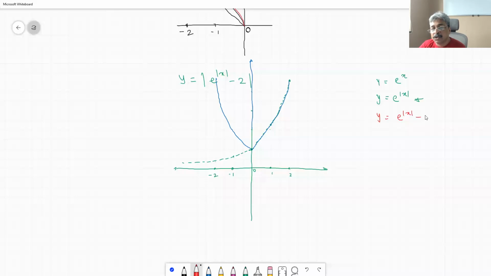Now maybe I should use correct notation, y is equal to e raised to mod x minus 2. It is simple. Panning down by 2. So the entire graph will come down by 2 units, every point. So this will go to -1, -2. This will come here, and therefore it is just panning down. Now I am not considering the x-axis intercept, etc. It will intercept somewhere.